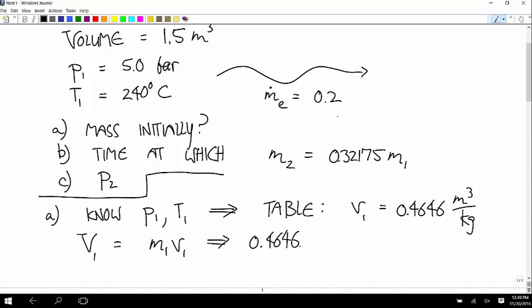Let me put it this way. To get M by itself, M1 is equal to 1.5 cubic meters divided by 0.4646 meters cubed per kilogram, and that gives you 3.229 kilograms.